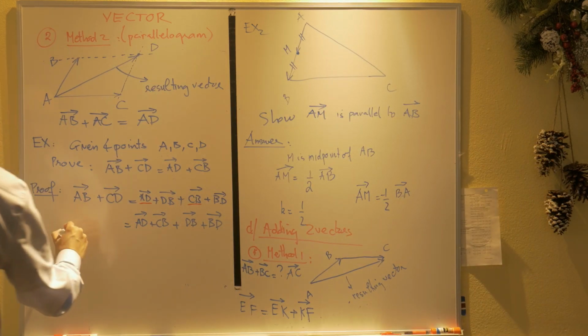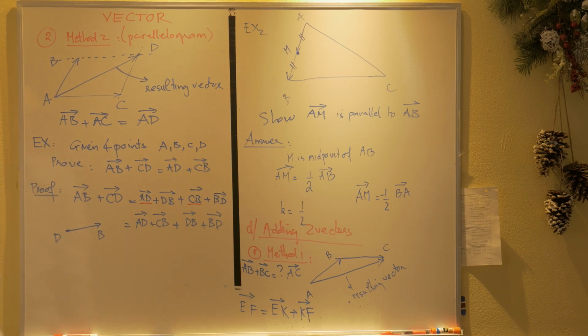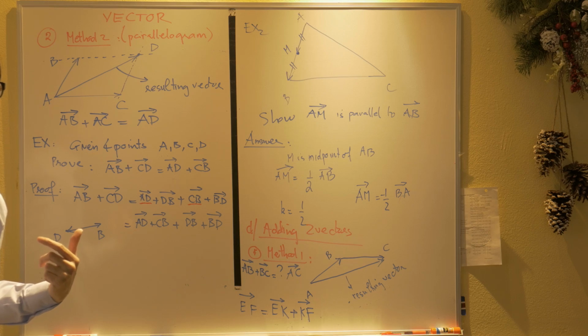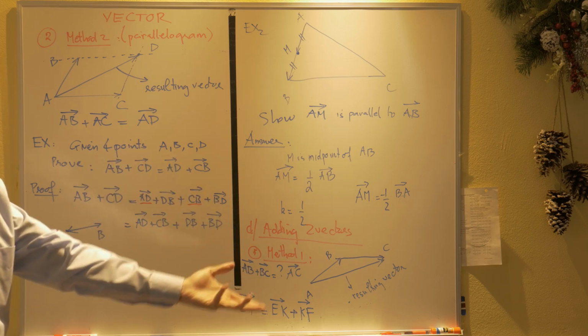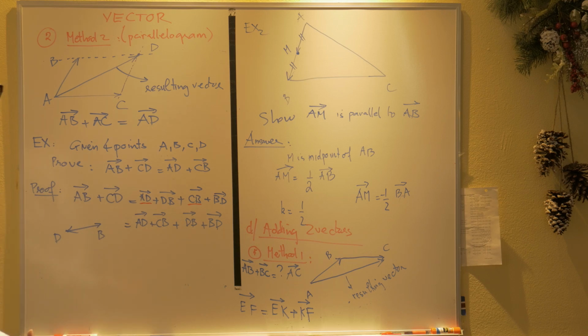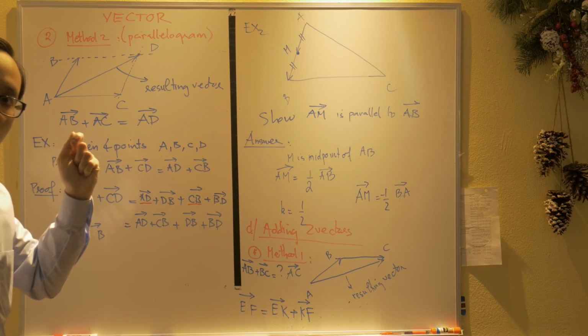I have DB. You draw DB that looks like this, right? And BD is actually the other direction, right? So we have the same magnitude, but the direction is opposite to each other. So basically it cancels them out. Remember one of the examples I gave you before?